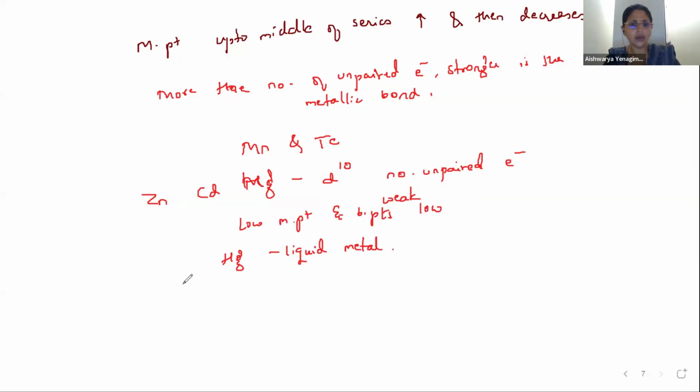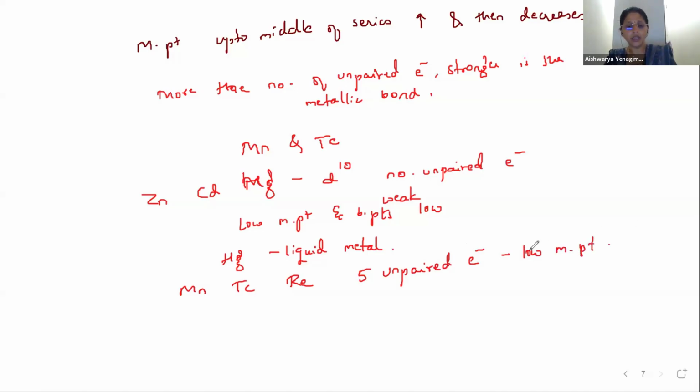Then if you see Mn, manganese, technetium and rhenium, they have the maximum of 5 unpaired electrons. So you expect high melting and boiling points. But exceptionally, they have low melting and boiling points. Why?